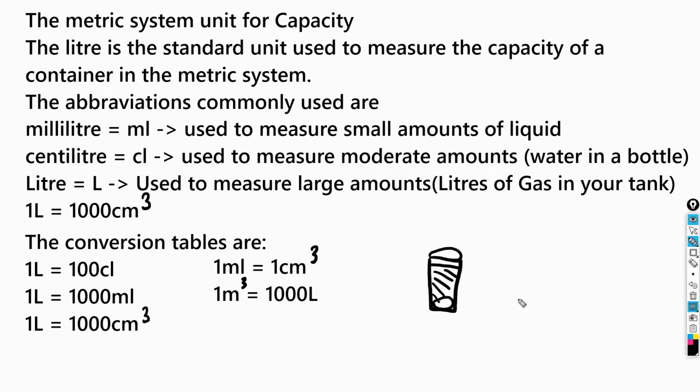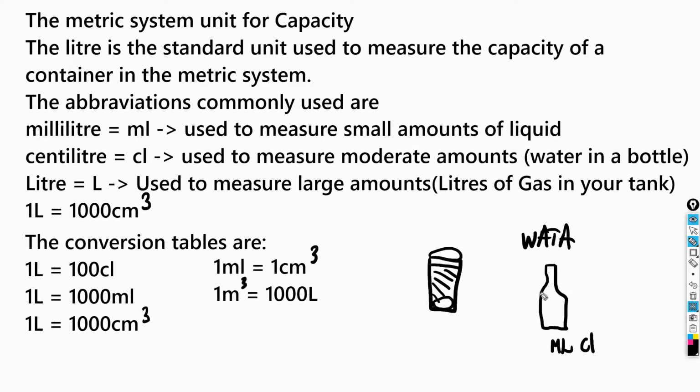When you look at soda labels or water, for example, say we're looking at a water bottle, usually on the container there would be an amount listed, usually in milliliters or even centiliters.